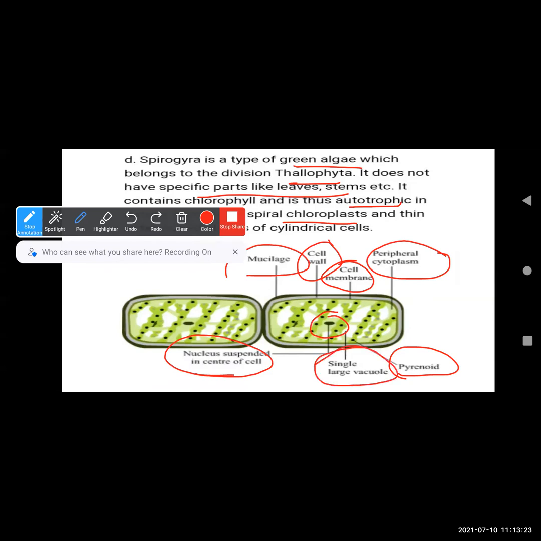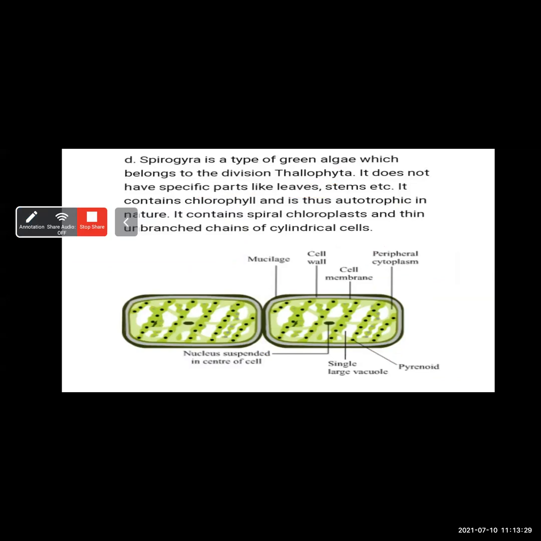So these labelings you have to do, right? So again, it comes for 2 or maximum 3 marks: to draw the figure 1 mark and writing description 2 marks, or for writing 1 mark and figure 1 mark. That's it. So it's a very simple question. Even if you don't learn, after attending the lecture, you should be able to answer.